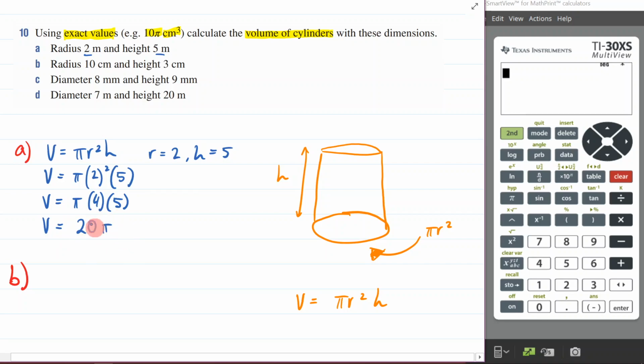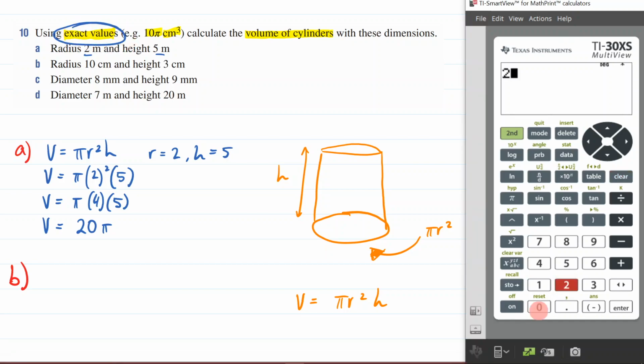And this is how we're actually going to leave our answer. We're not going to provide a decimal answer because that would be an approximate. What we want is an exact value. Let me show you what I mean here. If I go into my calculator and go 20 times pi, it gives me 20 pi. And that's because that's exactly the value that I'm after. If I hit this button right here, it gives me an approximate of it, and I would have to round my decimal and it would be less precise.